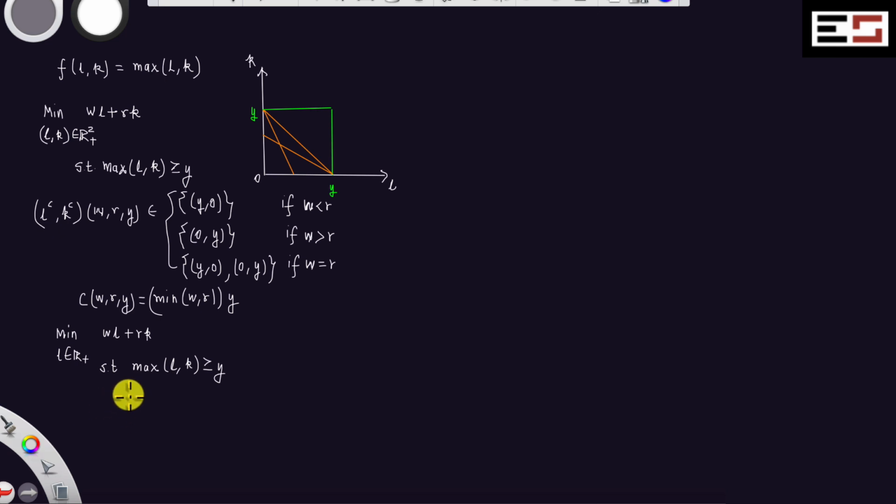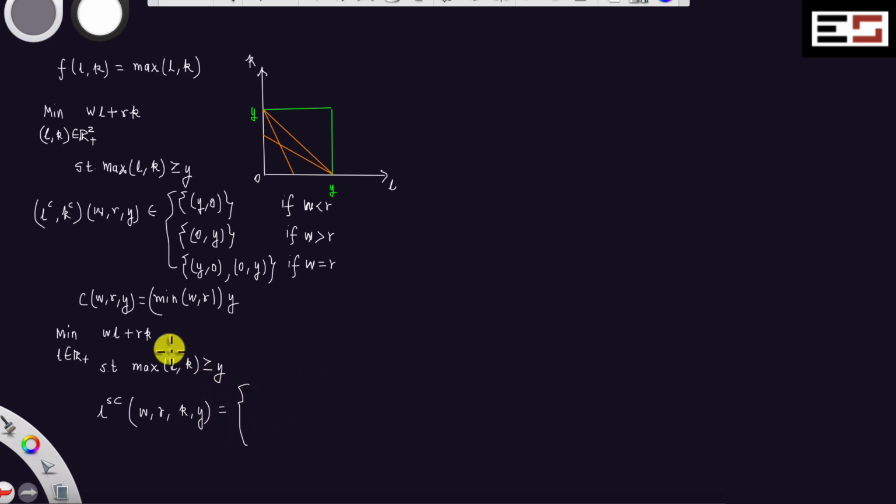And we have already seen that if we solve this problem, then the solution, which is the short run conditional labor demand function, is a function of W, R, K, y.